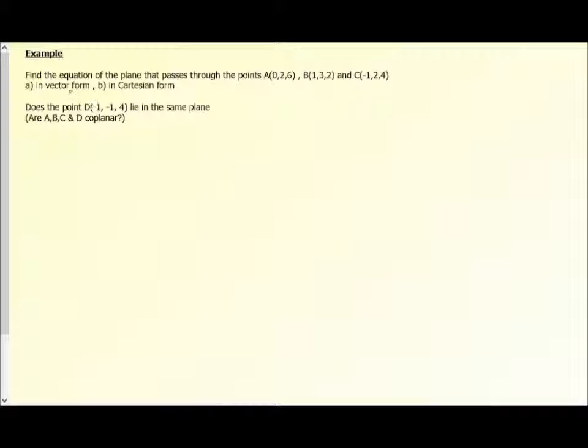Okay, in this case here, what we've got is to find the equation of a plane that passes through 3 points. Then once we've done that, we've got to see if there's a fourth point that lies on that plane. We sometimes say, are they coplanar? Let's just visualize that for a second.